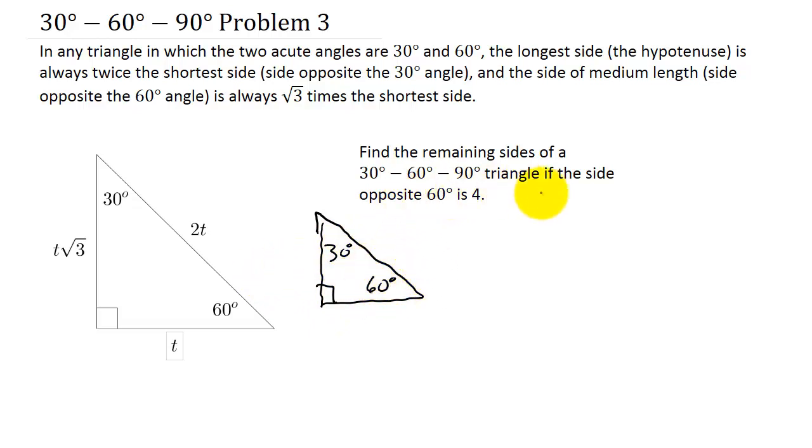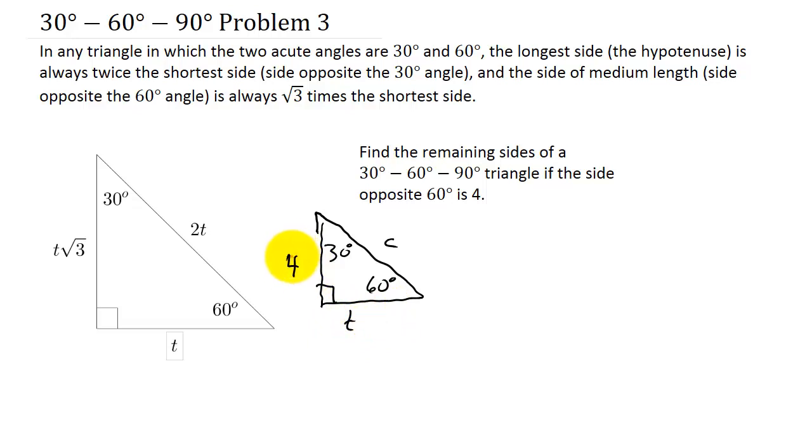And they're telling us the side opposite 60 degrees is 4. So just like in the previous example, they didn't give us the length of the shorter side, so that's the one we're going to want to find first. We'll call this C, and we'll call this shortest side T here.